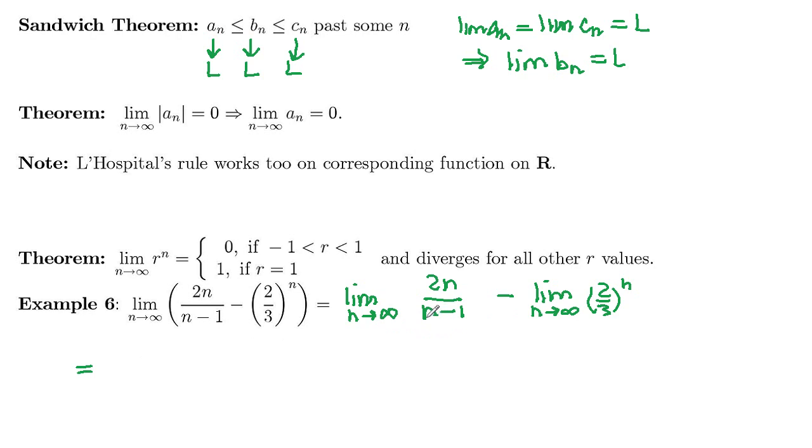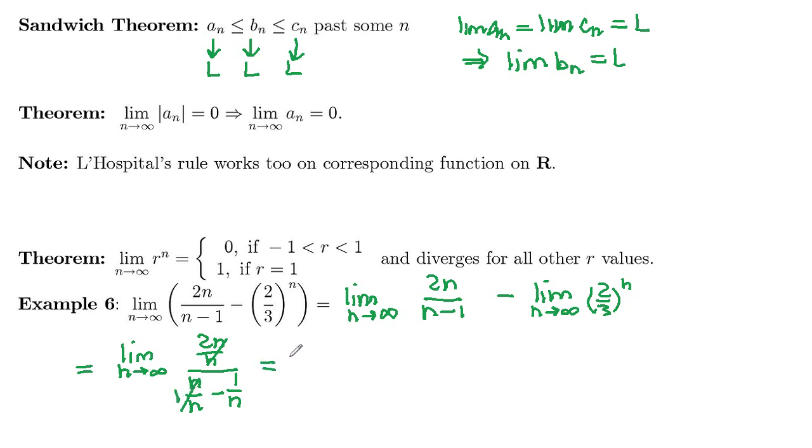So in this piece, n is going to infinity, so we can divide by the highest power, which is actually the same thing as looking at dominant terms here. The limit as n goes to infinity, the highest power is n, so we'll do 2n divided by n over n divided by n minus 1 divided by n. So I multiplied by 1 over n, top and bottom. These cancel, leaving a 1.